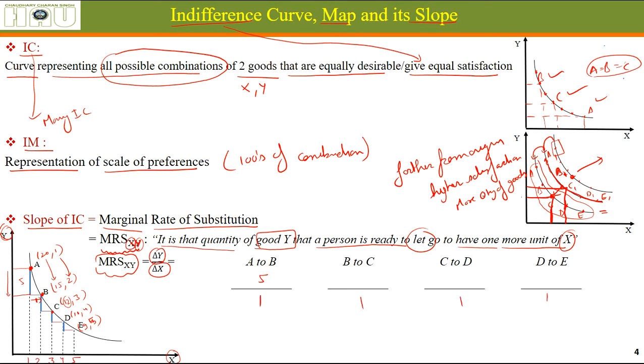If we move from A to B, a person gave up 5 units, B to C he gave up 3 units, C to D he gave up 2 units, and D to E he gave up only 1 unit.